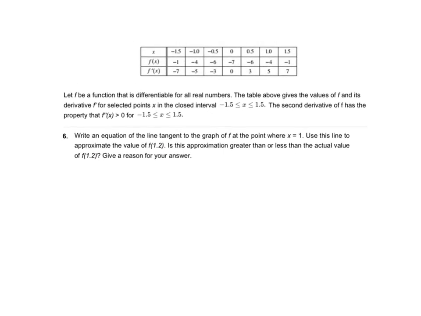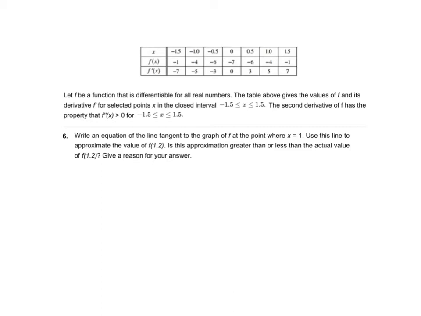Okay, next one, let f be a function that's differentiable for all real numbers. The table above gives the values of f and its derivative for selected points x on the closed interval, okay, negative 1.5 to 1.5. Okay, the second derivative of f has the property that it's always positive on this same interval.